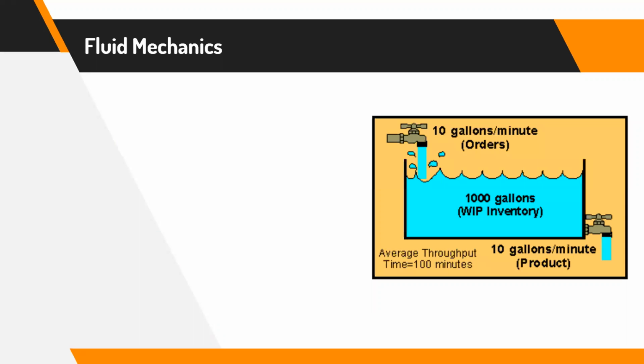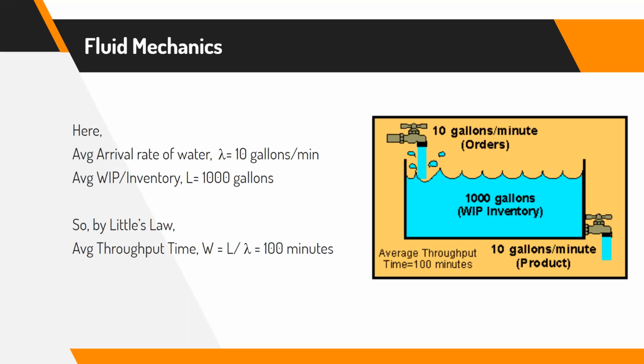Next, I'll give an example of an application of Little's Law in fluid mechanics. As we can see from the picture, the arrival rate of water or any liquid in a tank or a vessel is, let's say, 10 gallons per minute, and the departure rate is also the same. From the figure, we can see that the work in progress, that is the quantity of water or liquid currently in process, is 1000 gallons.